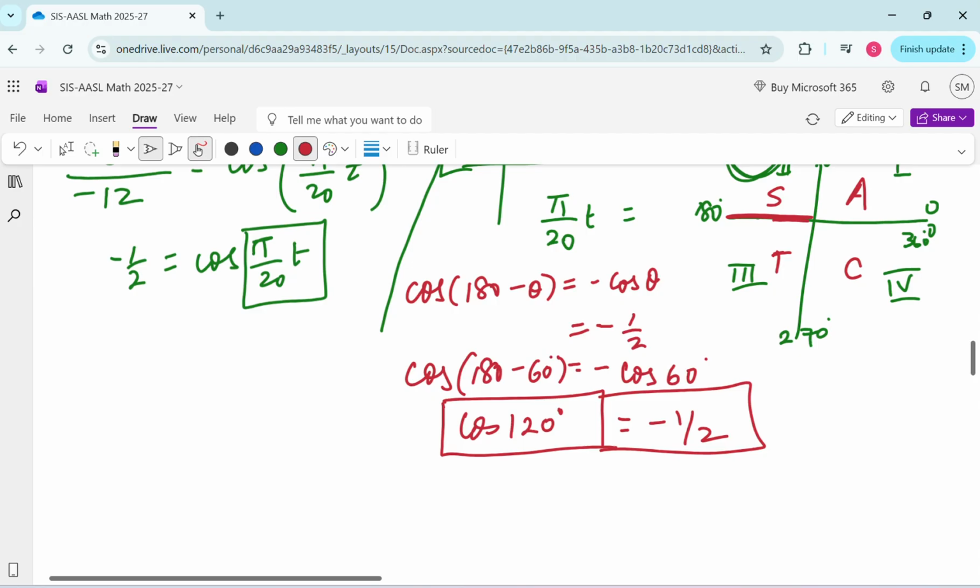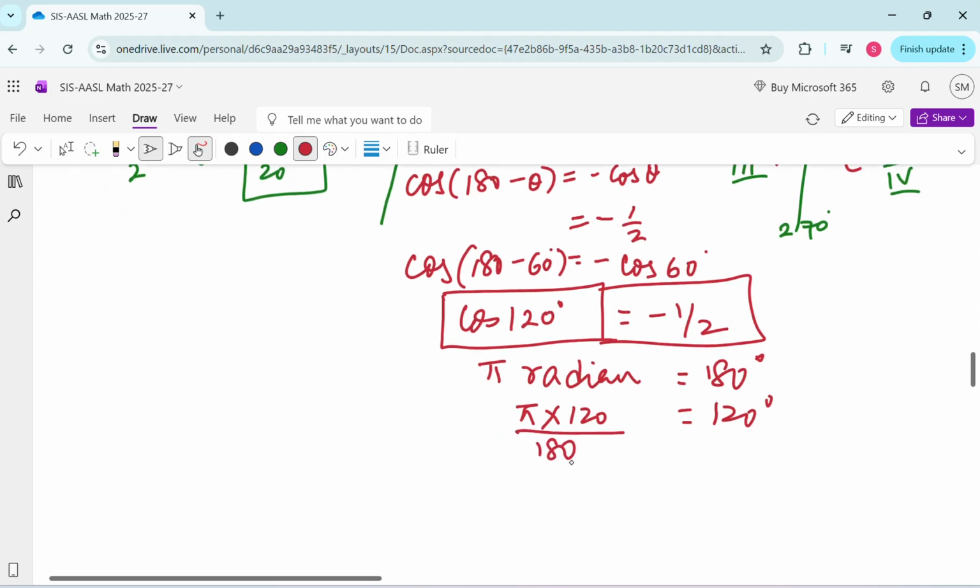And if you want to visualize it as radians, you know that pi radians is 180 degrees. So 120 degrees will be pi times 120 upon 180, which you can just simplify. This is in case you can't figure it out directly. I'm just giving you a quick method.